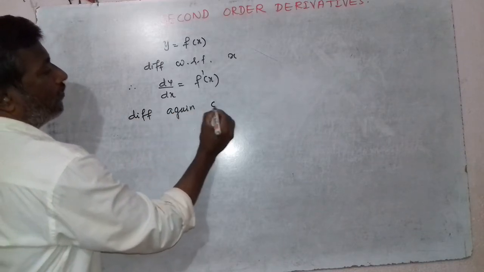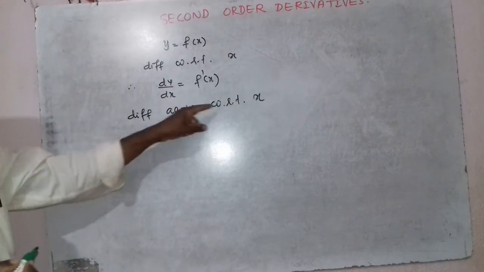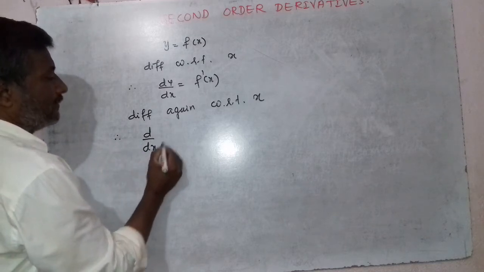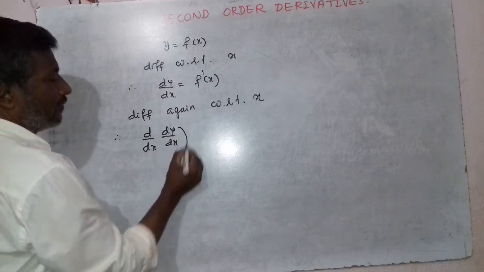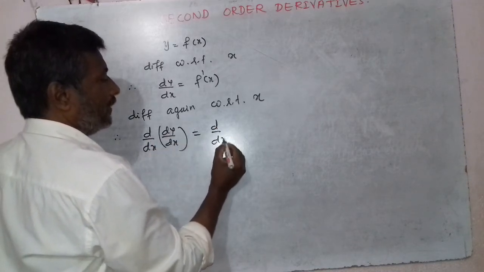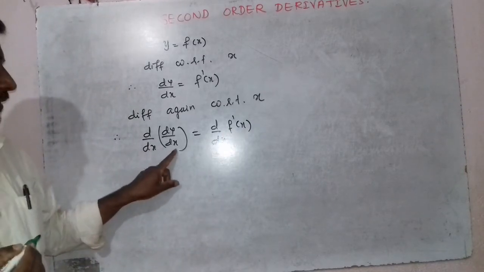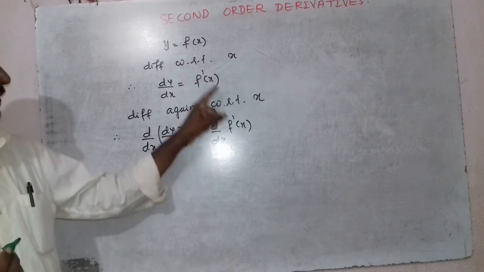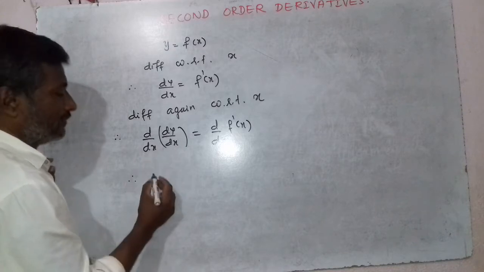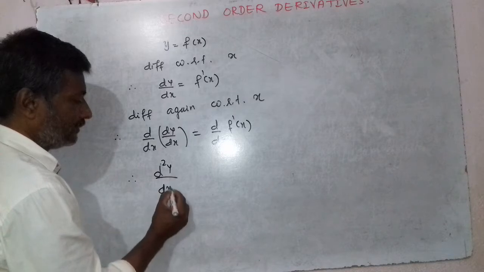differentiating again with respect to x, the derivative of dy by dx equals d by dx of f dash x. So the derivative of the derivative, the derivative of this f dash x, is given by d square y by dx square.